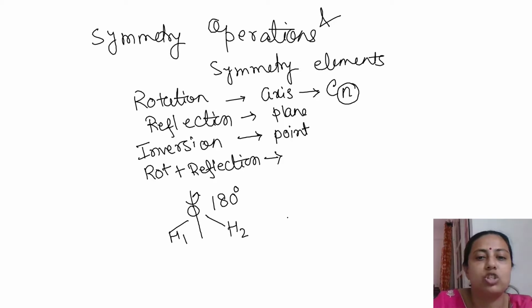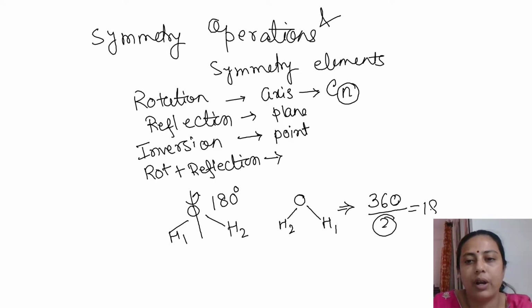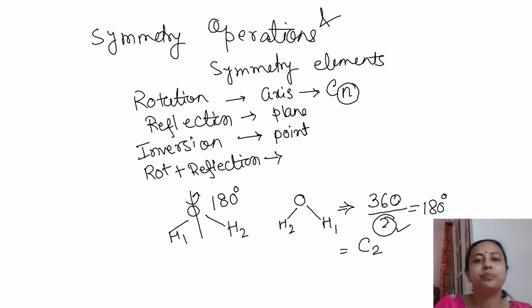Hence the water molecule possesses 360 degrees divided by 2 equals 180 degrees. So it possesses a C2 axis.